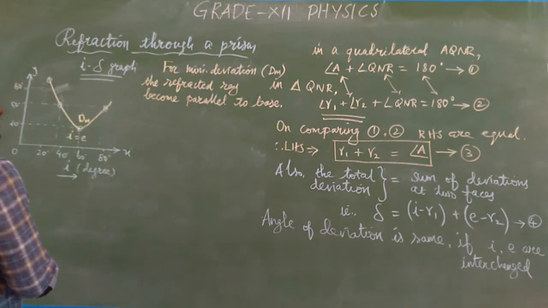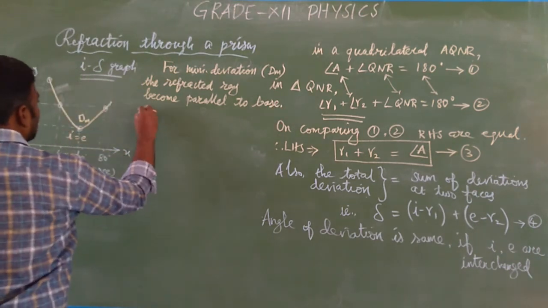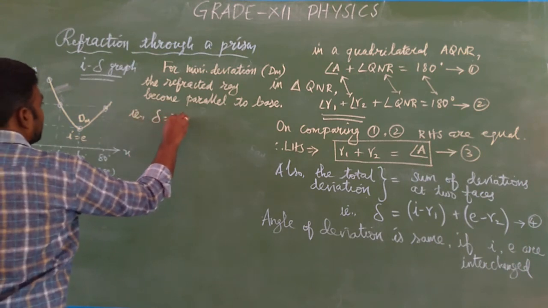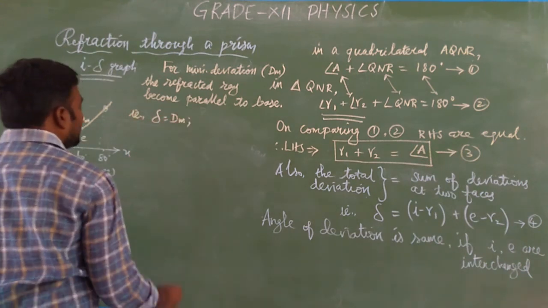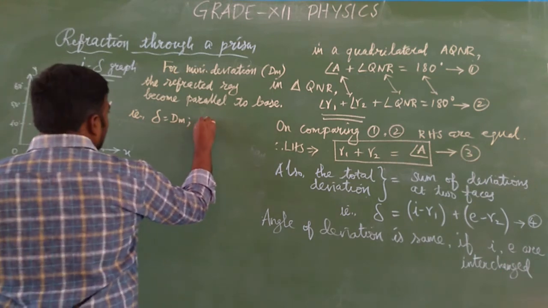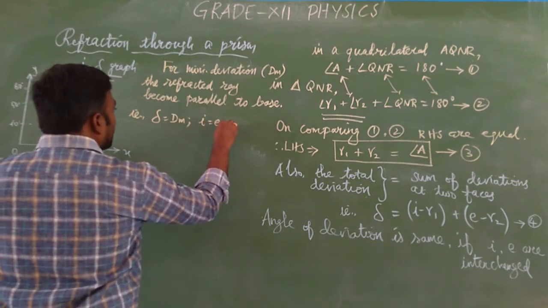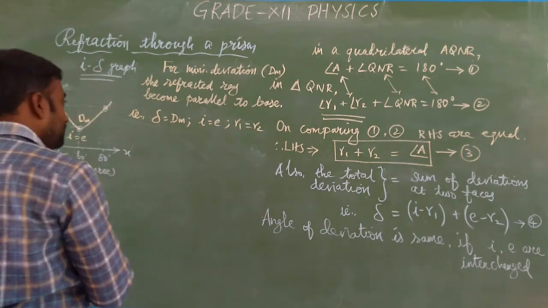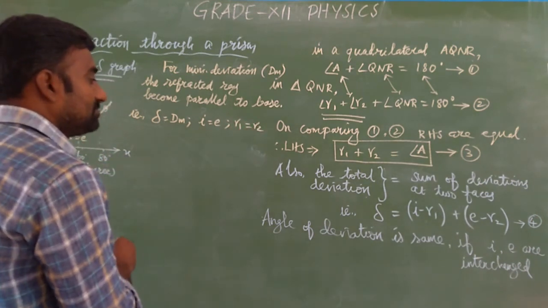So we use these conditions: delta is equal to Dm, angle i is equal to angle e, and r1 is equal to r2. Then what will you get?